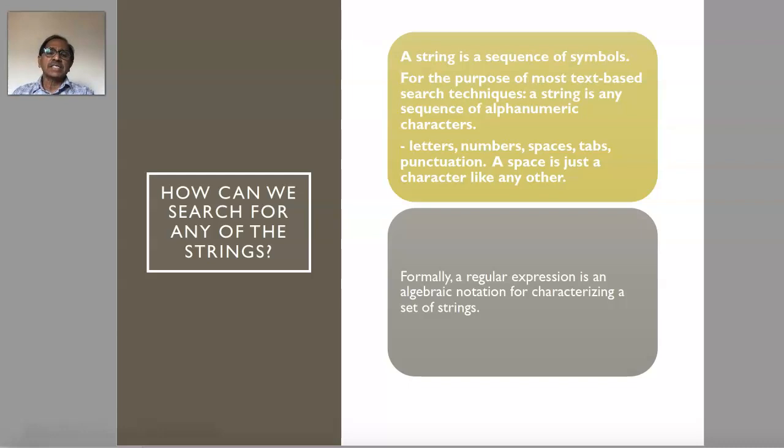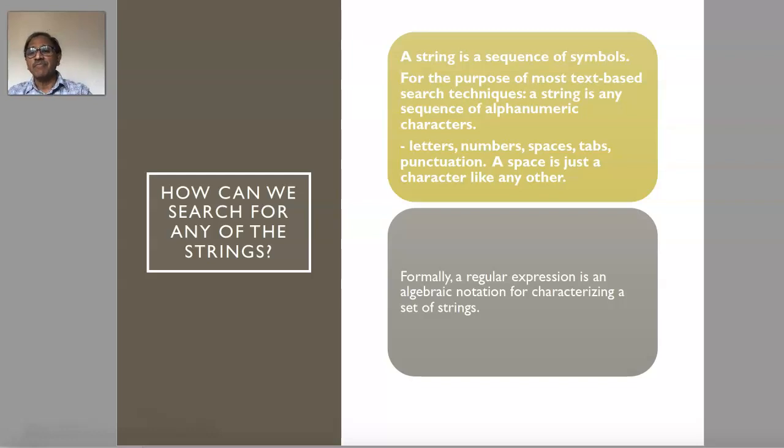How can we search for any of these strings? When I say string, what is a string? A string is a sequence of symbols. Symbols may include characters, meaning alphabet, numerals, or other symbols too.